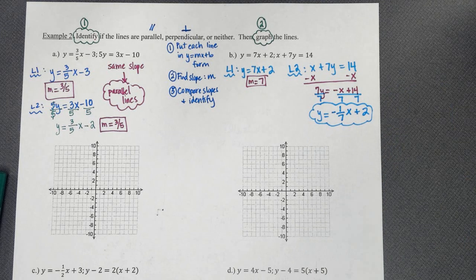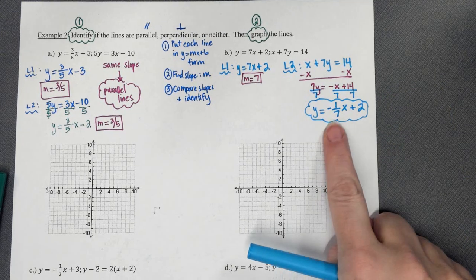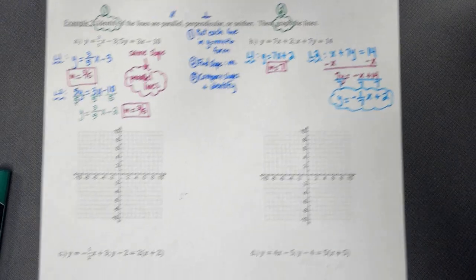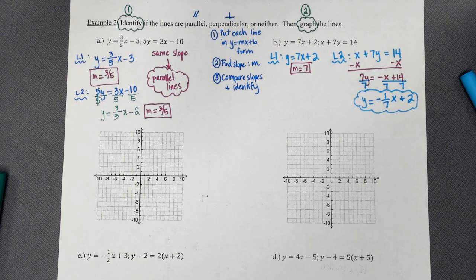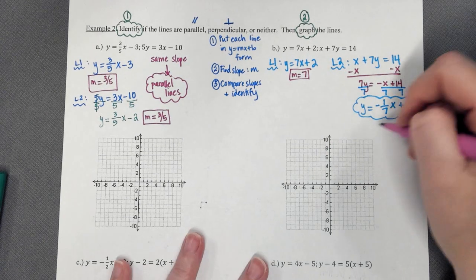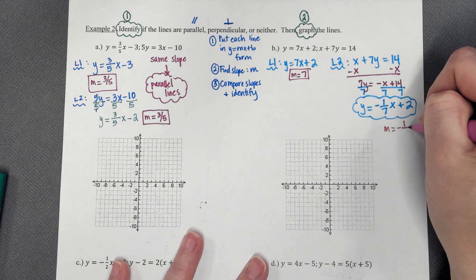So if you have the negative 1/7x plus 2, now we're going to compare the slopes. So the slope here is 7, the slope here is negative 1 over 7.